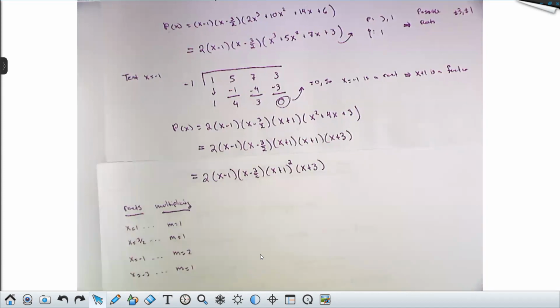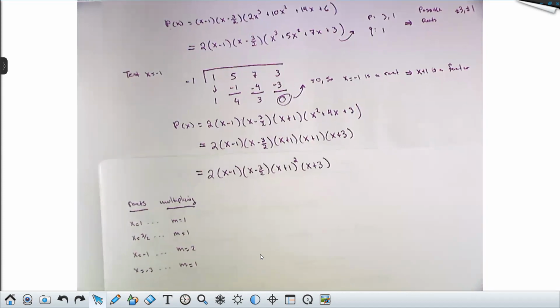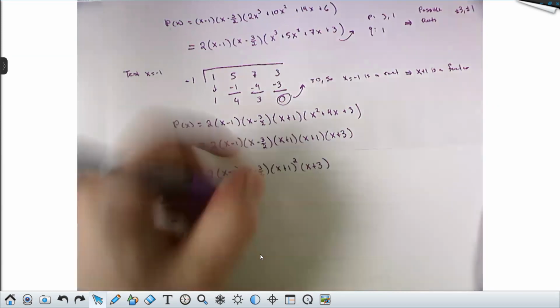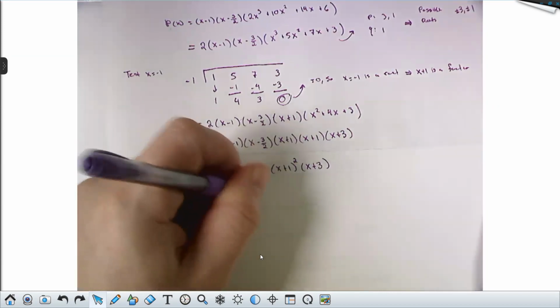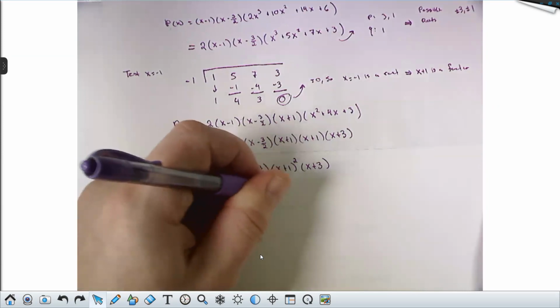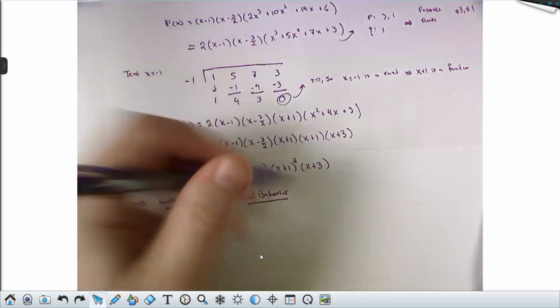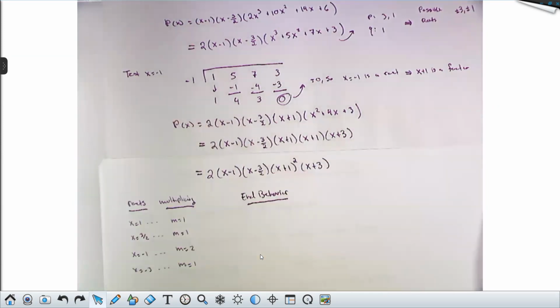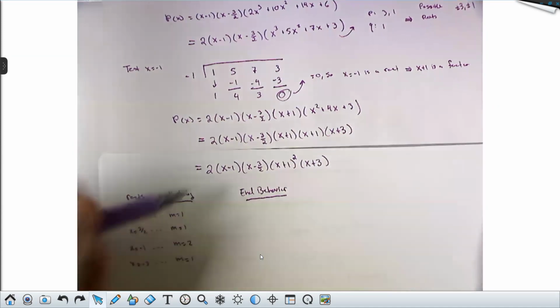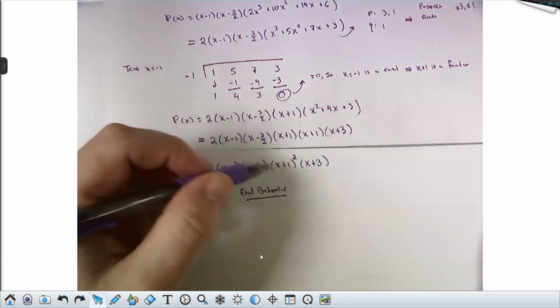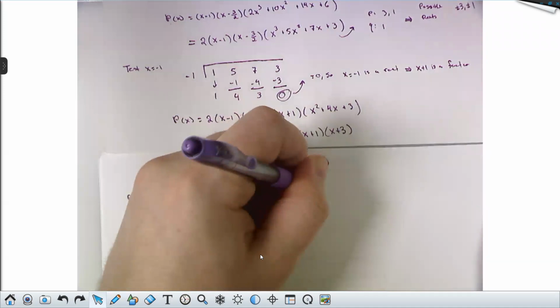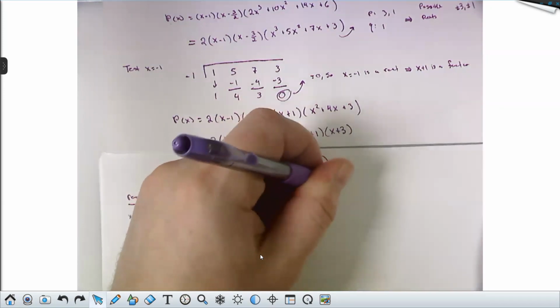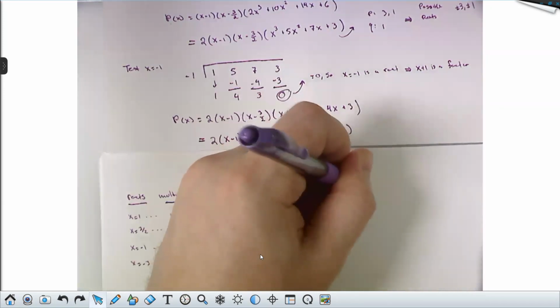The other thing I need is the end behavior, which is easiest to see from the expanded form. Remember, the lead term here was 2x to the 5. So the end behavior, you could also see it from here, right? We talked about how to get end behavior from the factored form. Lead coefficient is 2, and the degree is 5. So the degree is odd.